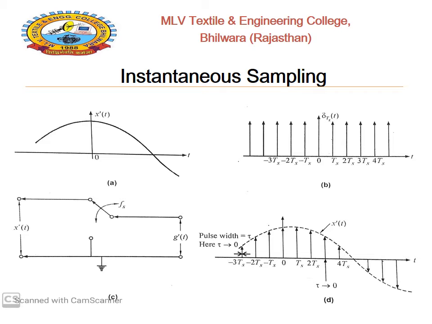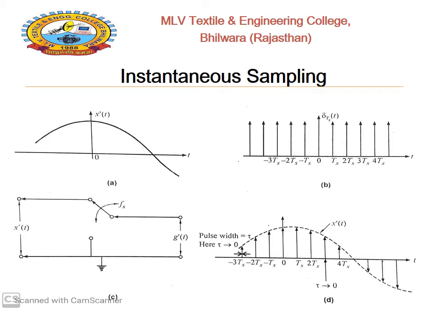Because at the time Ts, the switch is connected to the upper side, that means the switch is in the on condition and output will be present. At the next 2Ts, again the switch is connected to the upper side, so the output will be present. Between Ts and 2Ts, the switch is connected to the lower side, that is, to ground, which means the output will be 0.